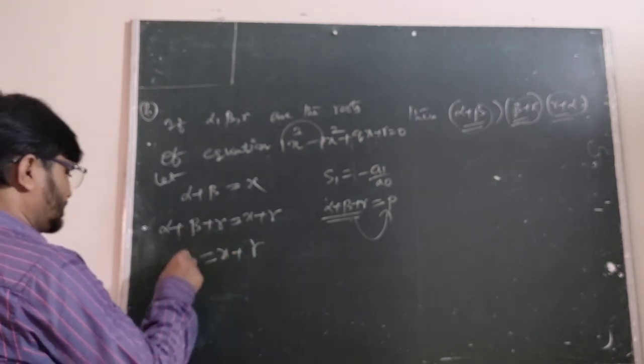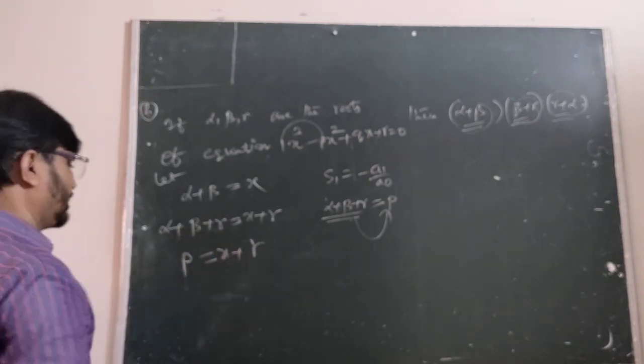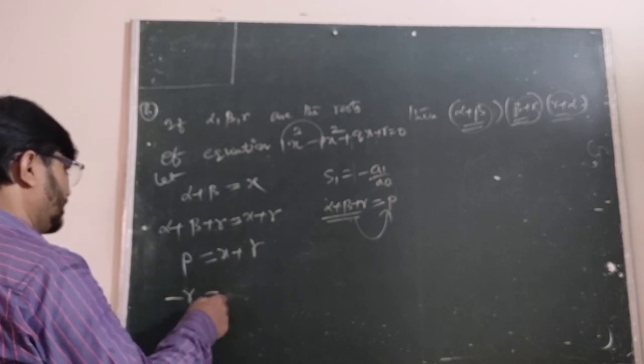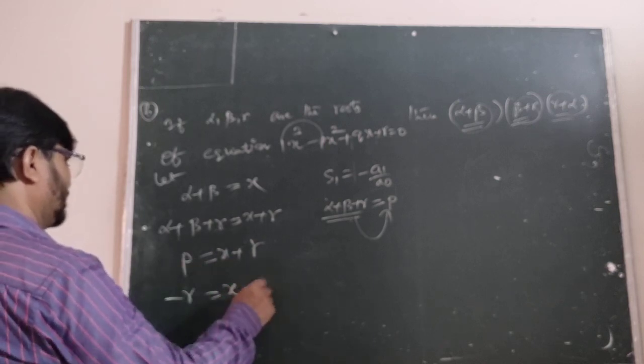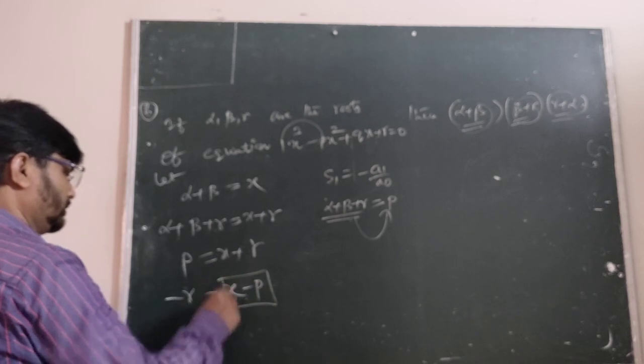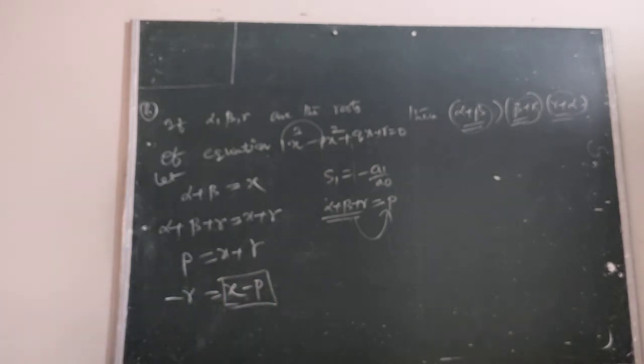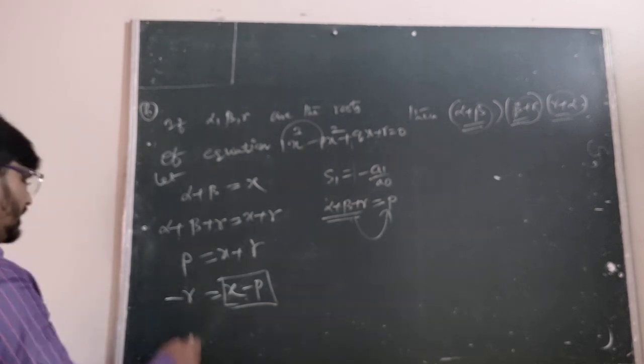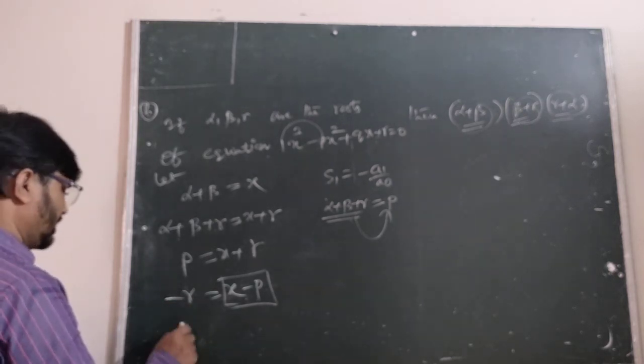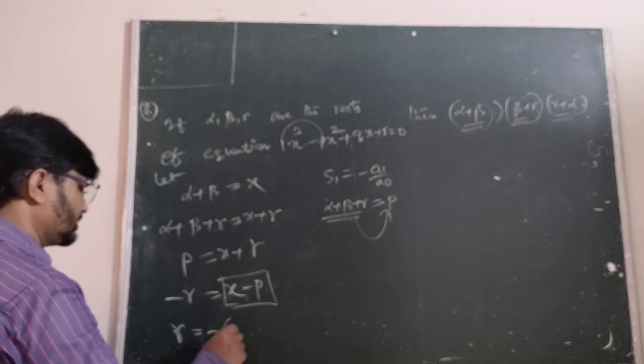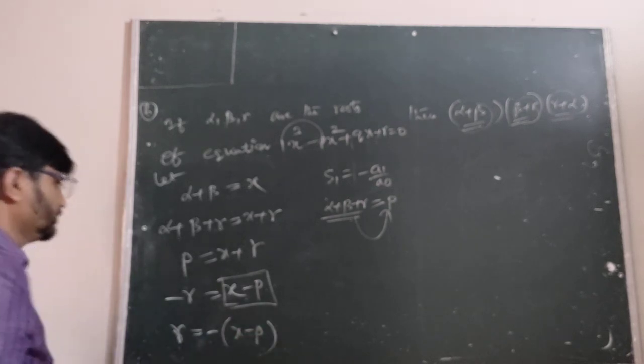Alpha plus beta plus gamma is p. Therefore we can write minus gamma equals x minus p, so gamma is minus of x minus p.